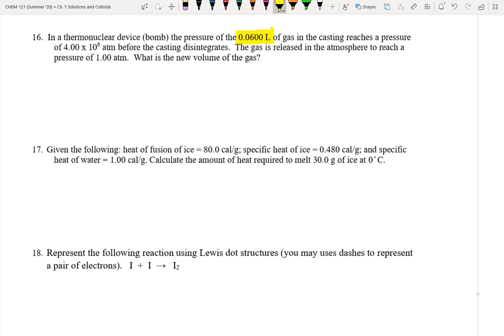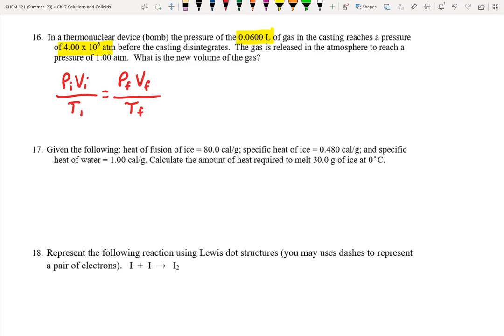What I'm seeing is volume and pressure before and after, right? So let's consider our original equation. So PI VI over TI equals pressure final times volume final over temperature final. In this case, we can assume that the temperatures are going to be the same because they aren't even telling us anything about temperature.